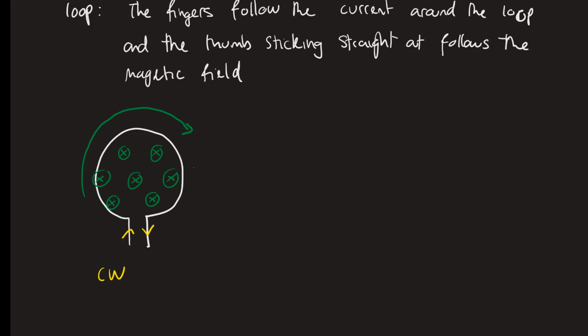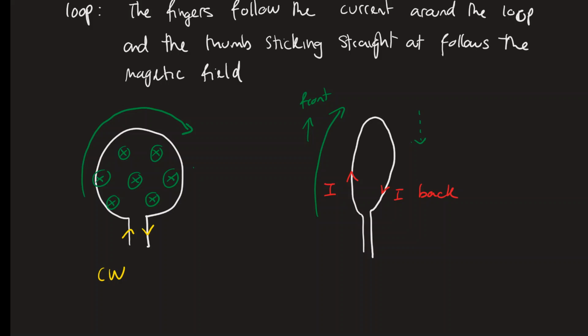Let's look at more of a 3D picture. So let's say we've got a loop that looks like this. And the current goes up the front and down the back. In this case, the fingers of the right hand are going to go around like that, so it's up the front and then down at the back.